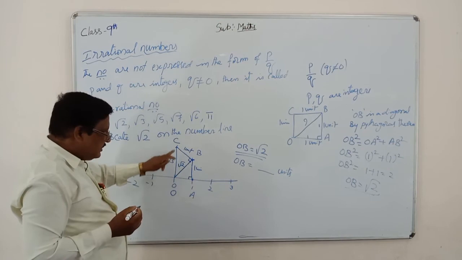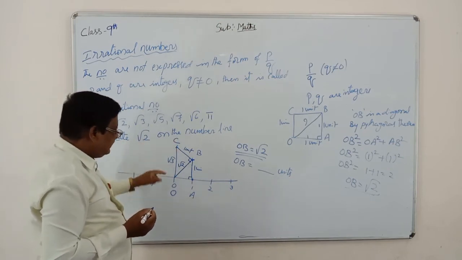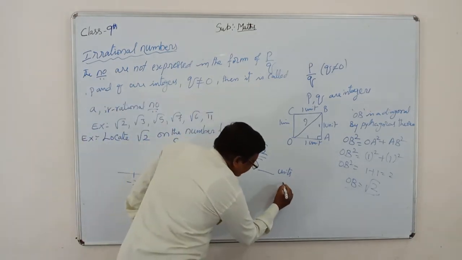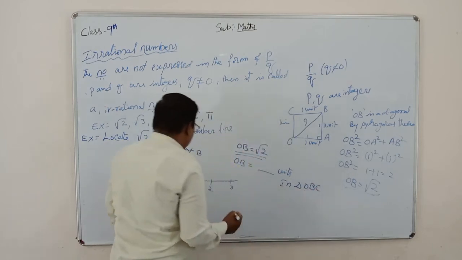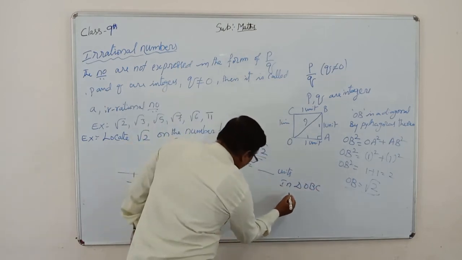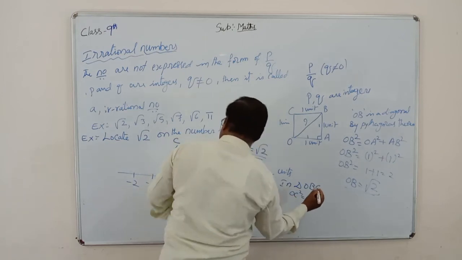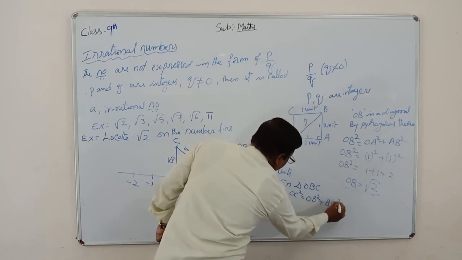It means when you are locating the square root of 3, in triangle OBC, OC square is equal to OB square plus BC square.